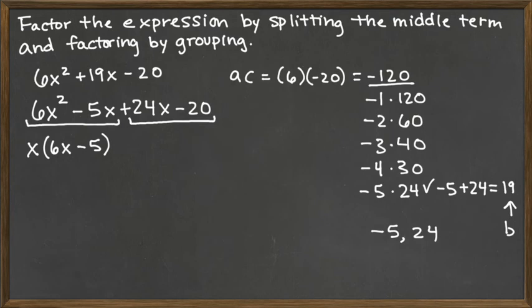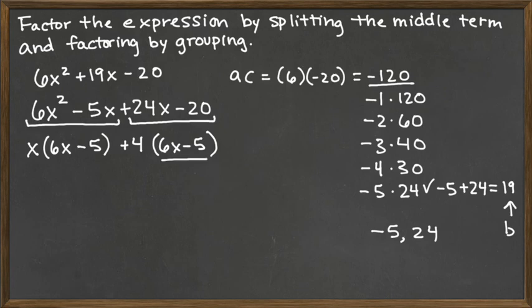Well, our goal here is for the part that's in parentheses, the 6x minus 5, to appear in the second set of two terms too when we pull out the greatest common factor. So it's positive 4 that we pull out just so that the signs do match here and give us positive 6x minus 5 as the part that's in parentheses.